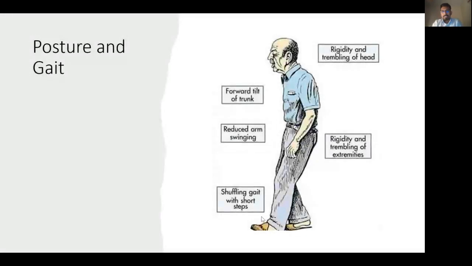Posture and gait. This picture shows a typical Parkinson's gait with forward tilt, a bit of flexed posture, rigidity and trembling of the head. I have a better video to describe this. It's quite popular, I have seen it in so many places.